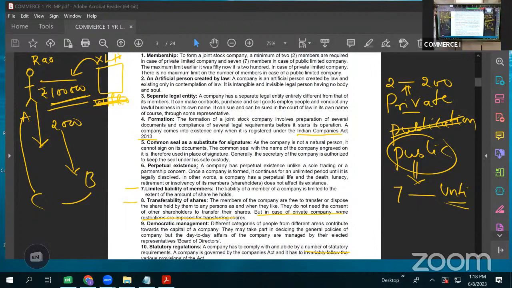Then democratic management. What is democracy? All are equal. India is a democratic country. Every individual, irrespective of financial position or social status, is treated equally. There can be a small-time businessman or there can be a beggar. If he has a voter ID, he'll get one vote to cast.